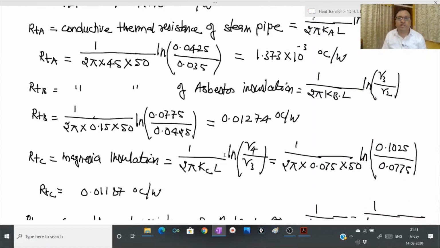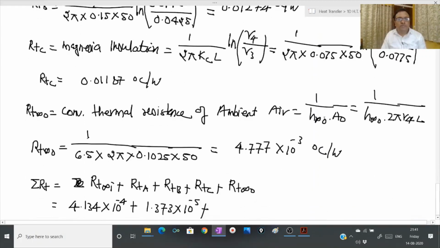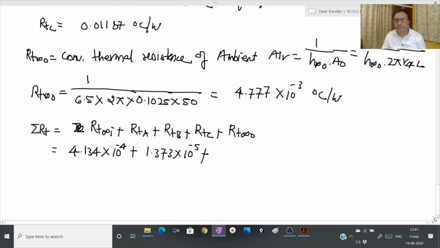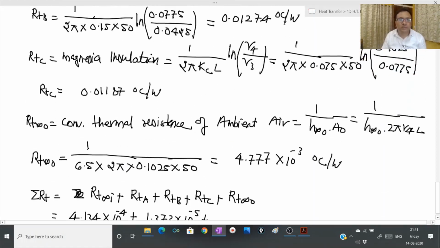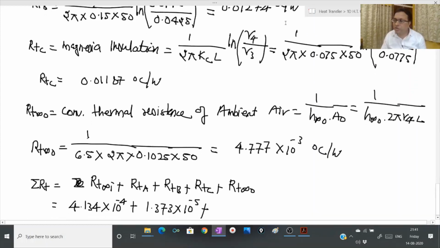Oh, extremely sorry. This value is 10 to power minus 5. Then RTB is 0.01274.